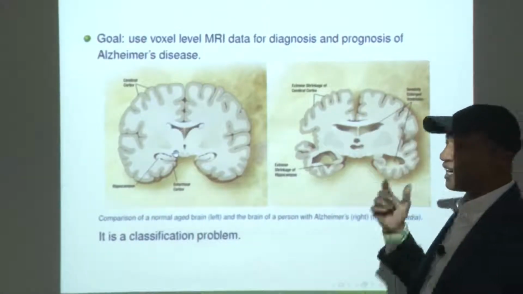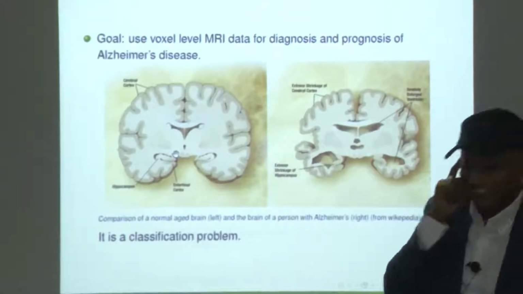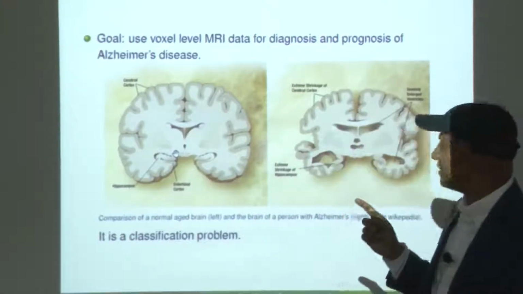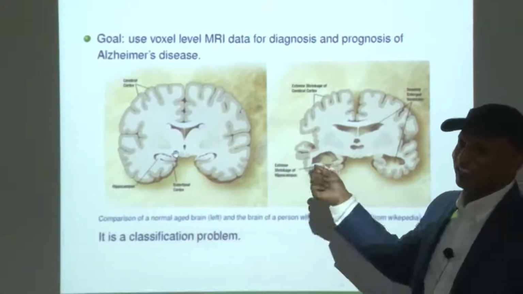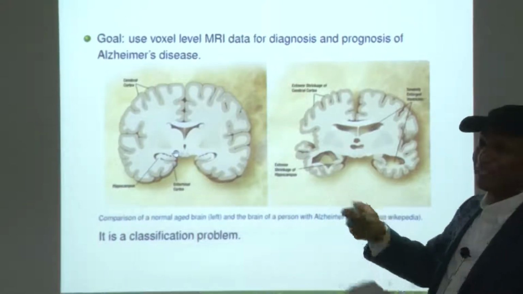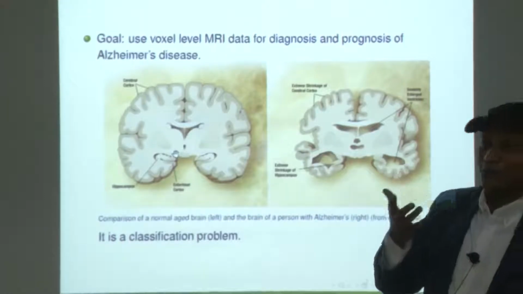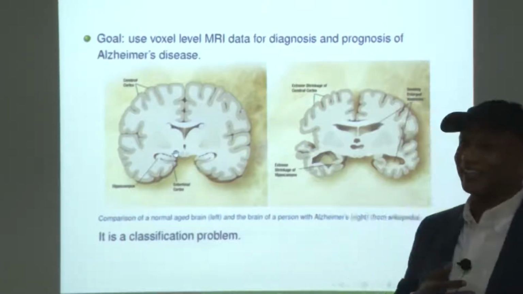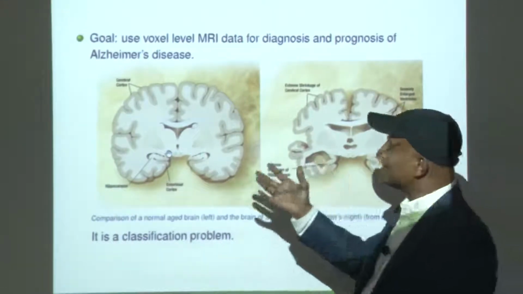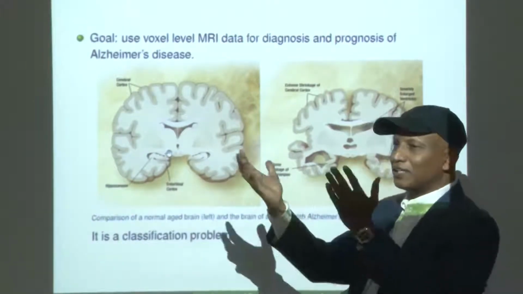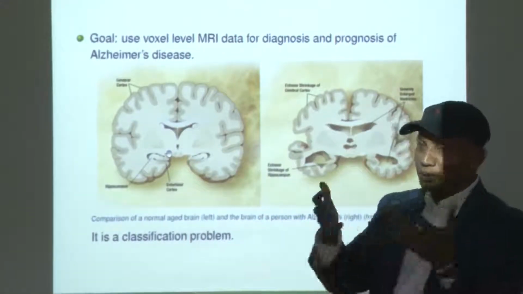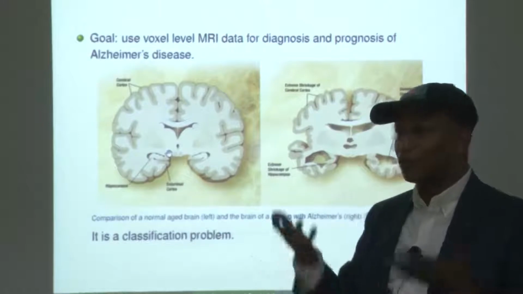So probably that's why I also went and did my brain scan, and my students also did this brain scan. Actually, my interest was to see how the scanner works and how they take the data. But the idea is, when a new patient comes in, you have to say whether it belongs here or here. How do you do that? It's a classification problem.